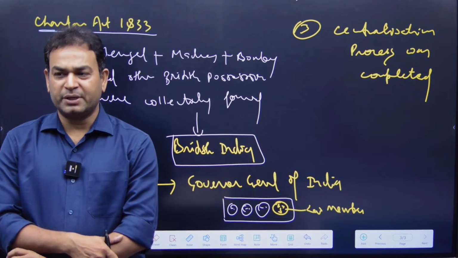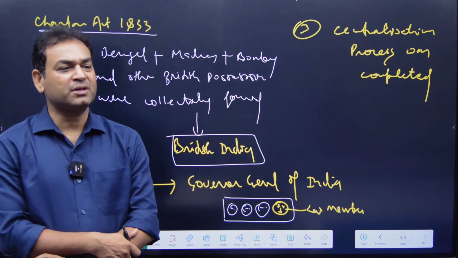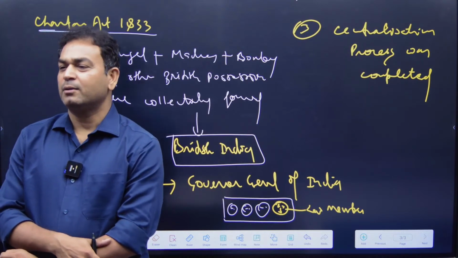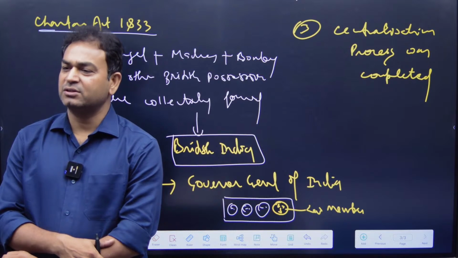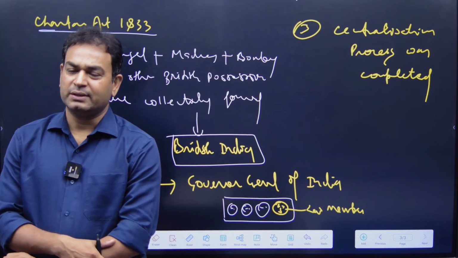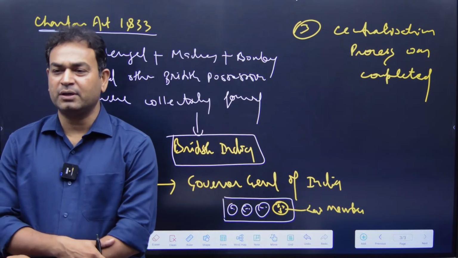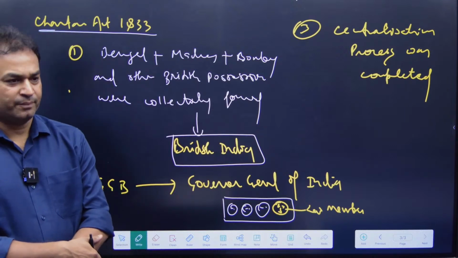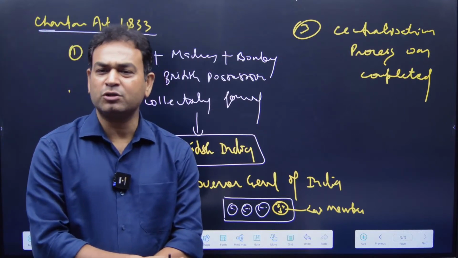Now British India was a completely centralized entity, governed by the British Governor General of India and a 4-member council. That 4th member was added in 1833, and he was Lord Macaulay, but he was not in the executive council.